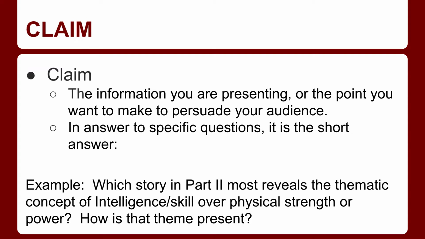And then you have to think about how that theme is present in that story, and that becomes your paragraph. Your first sentence should be the short answer to that question in a single sentence. The rest of the paragraph is going to elaborate on that through the other CCECC.